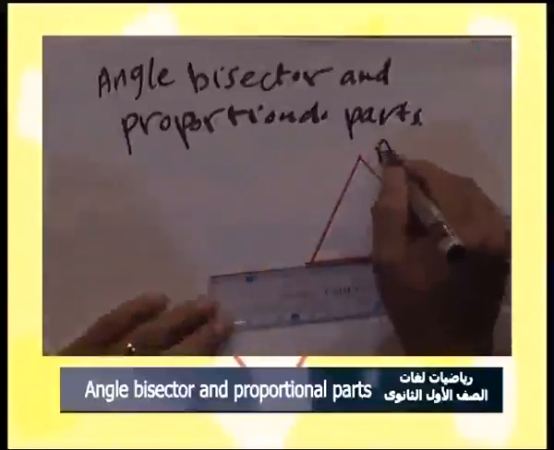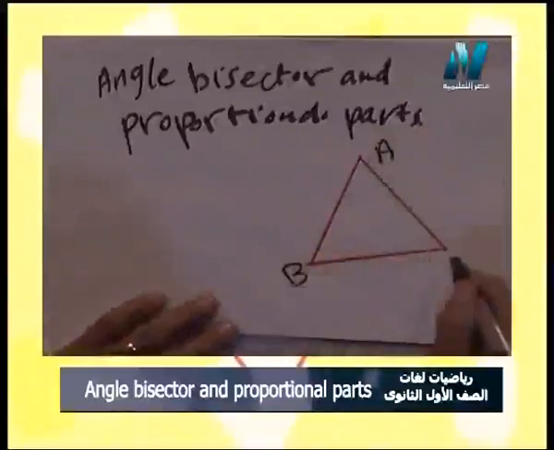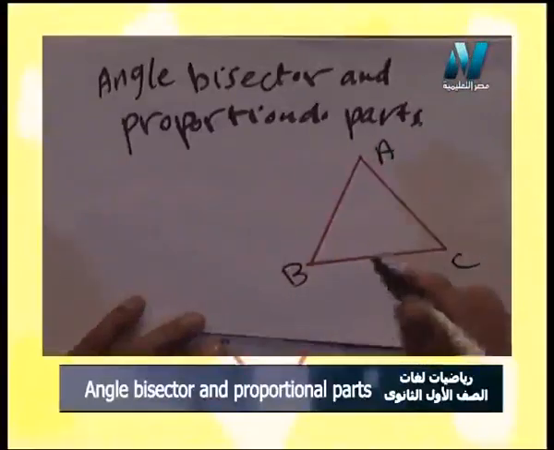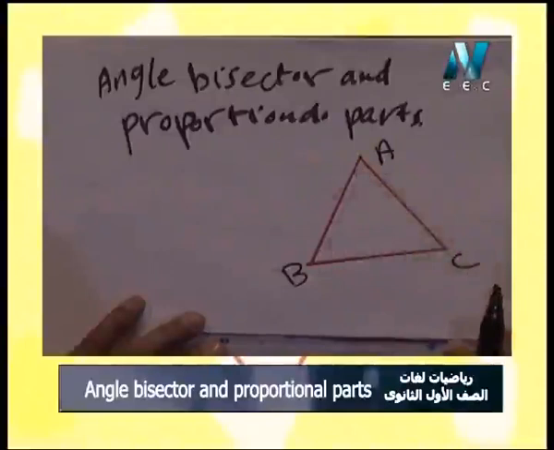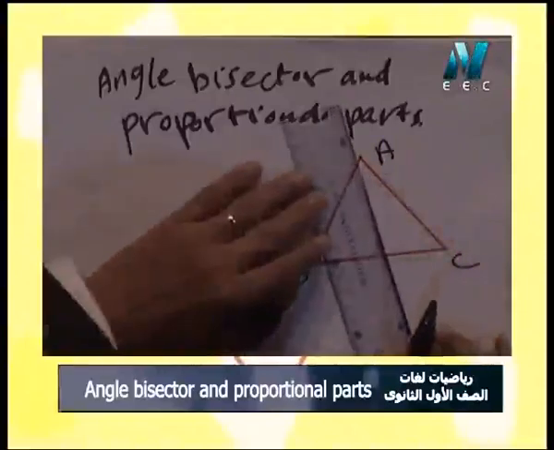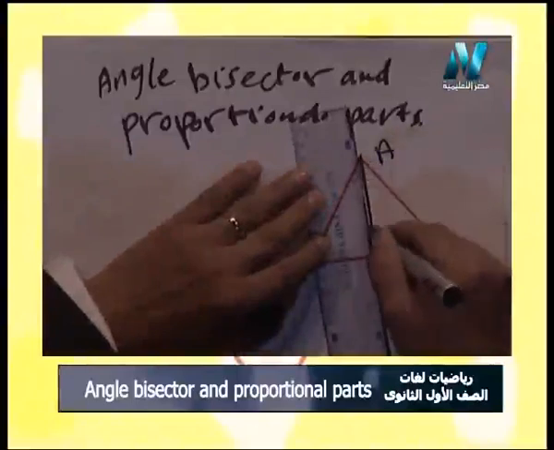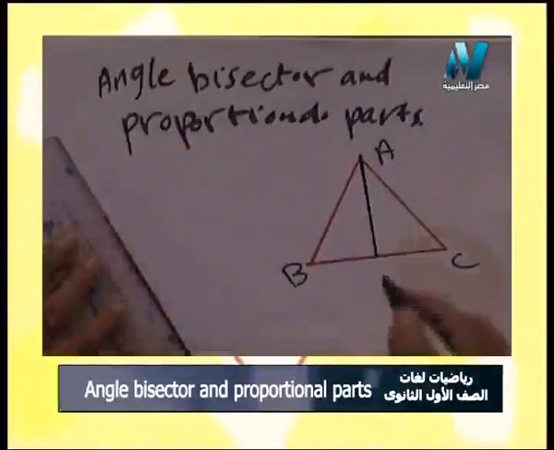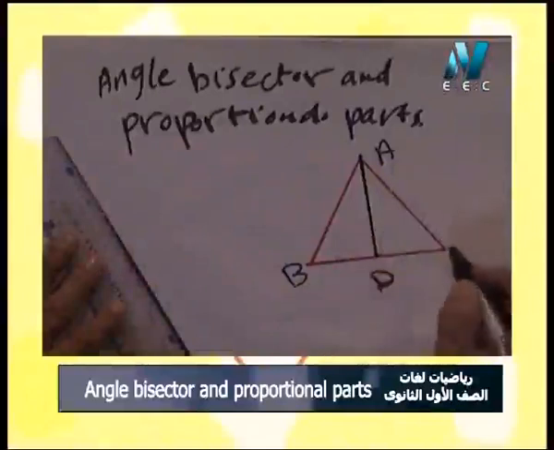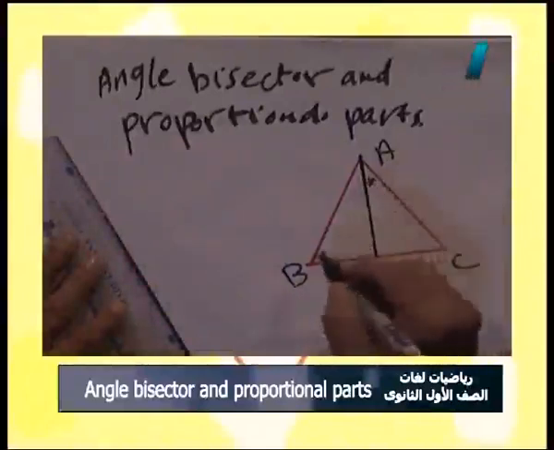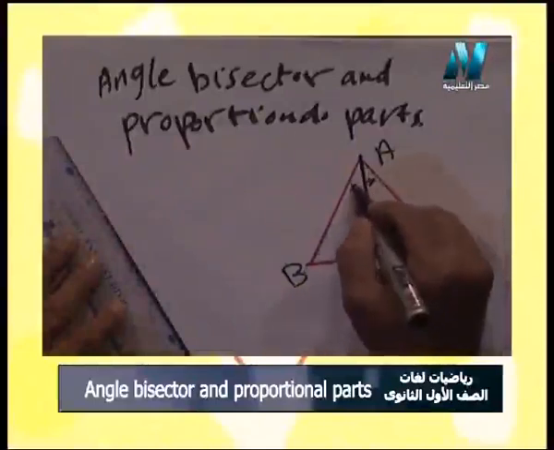A, B, C. This is a triangle, and if we choose an angle as A and we bisect it like that by the bisector AD, we have here measure angle CAD equals measure angle BAD.